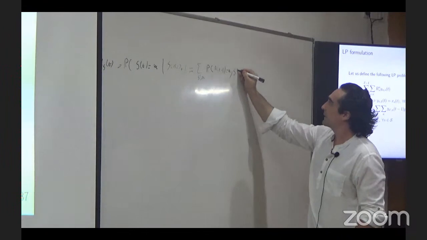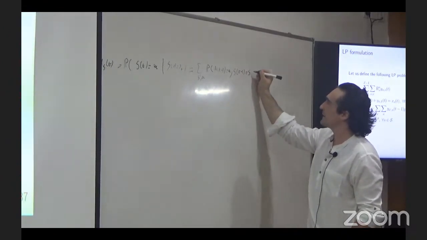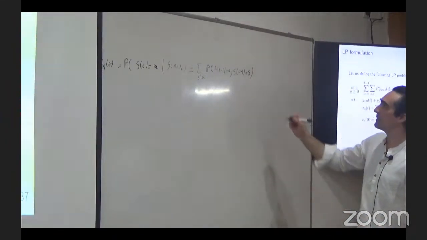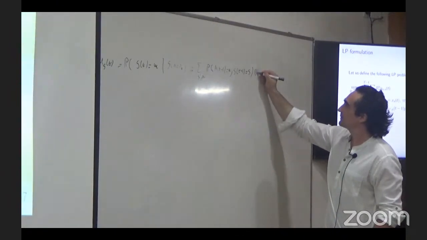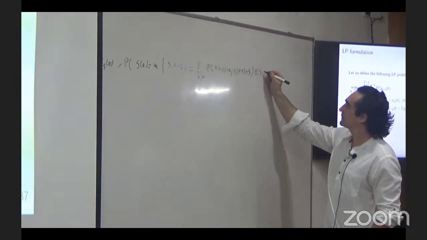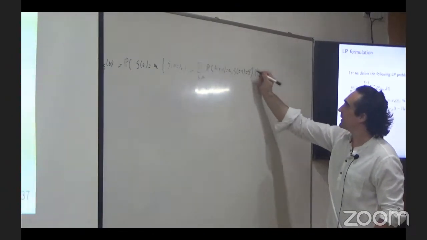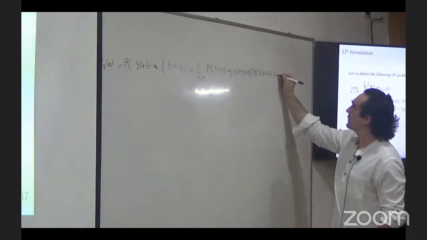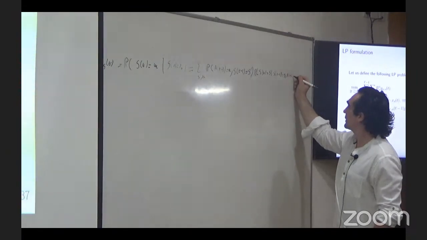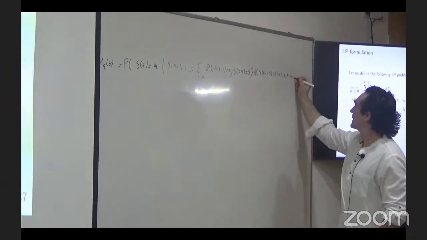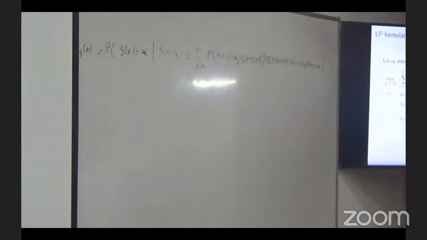that I'm playing A at t minus 1 and I'm in state S, right? Multiplied by the probability to go from S of t is equal to S prime, knowing S of t minus 1 is equal to S, and A of t minus 1 is equal to A. So what I just said is I've just used the law of total probability.